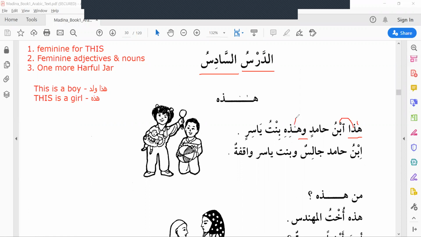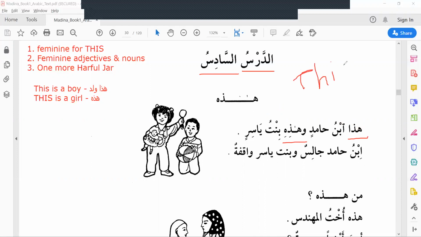Hadihi bintu Yasirin. Bintu means we can use it for girl or daughter, but here it is daughter. Hadihi bintu Yasirin. This is Yasir's daughter. So, hada, hadihi, the meaning is the same, this.